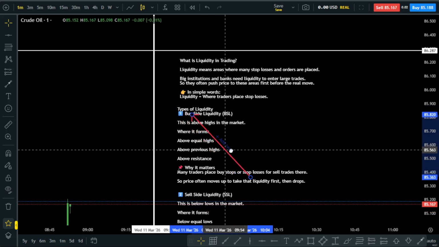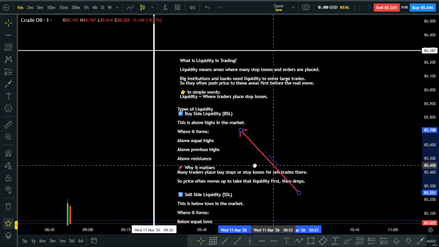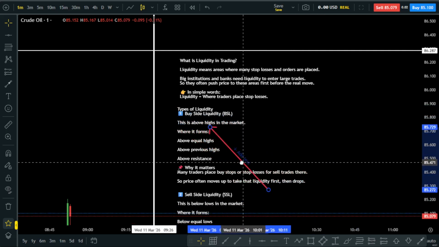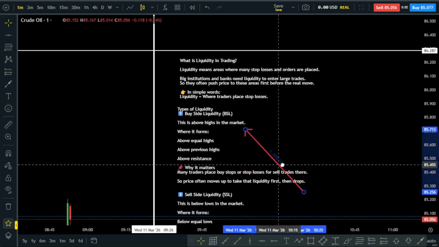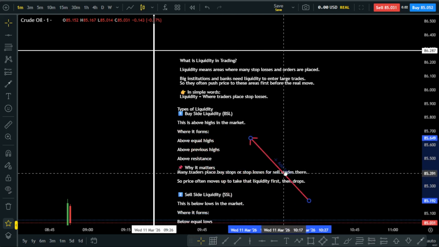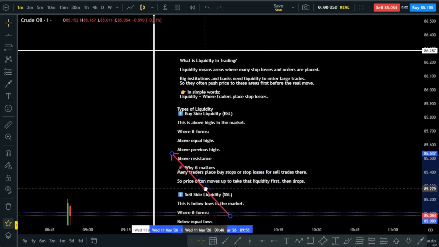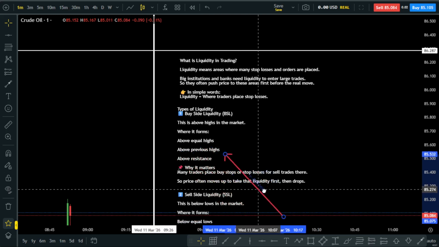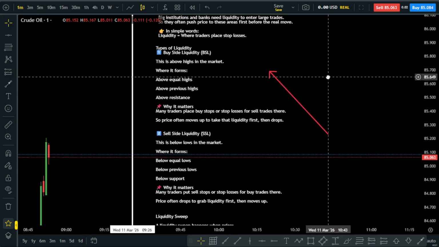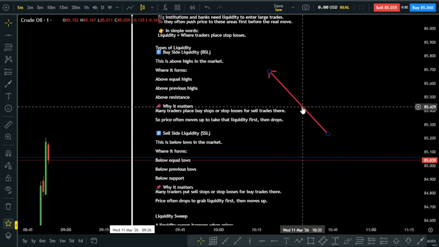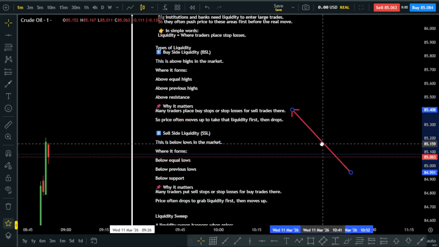So we have types of liquidity. Number one, we have buy-side liquidity. This is above highs in the market, where it forms equal highs, previous highs, above resistance or below the support.